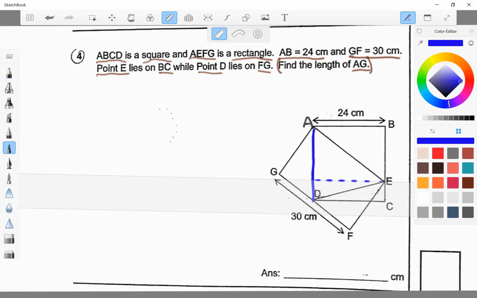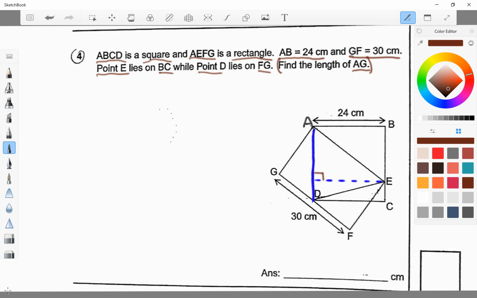So this blue dotted line actually represents the height of triangle AED. Okay, I will also indicate the right angle to show that the height is actually perpendicular to the base. So perpendicular means the height and the base, they meet each other at right angles.